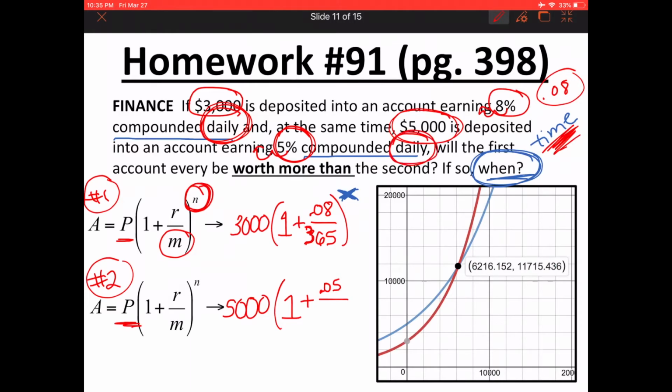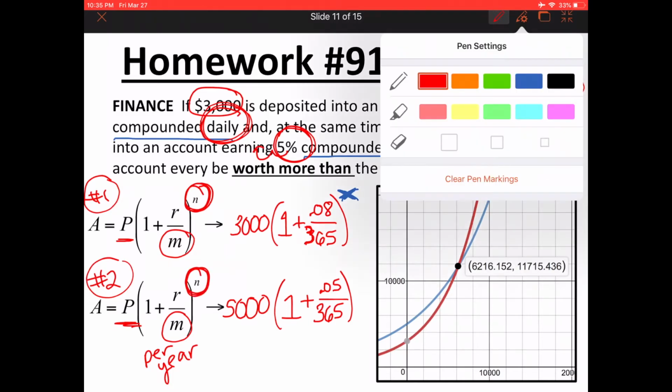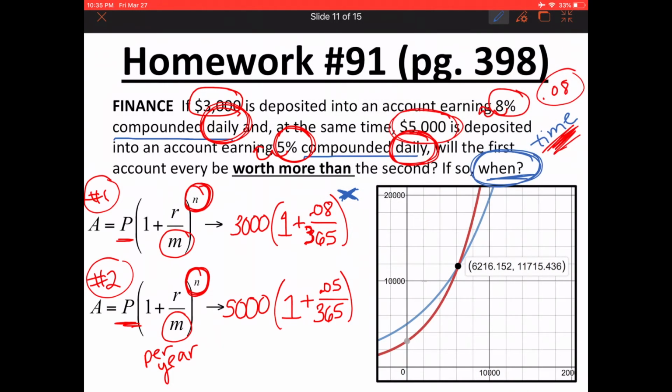This one is compounded daily. So for the letter M, that's how many times per year. If I am compounded daily, that is 365 times per year because there's 365 days in a year. Remember, the letter N is the total number of compounds, but we don't know how much time has passed, so I'm going to put the letter X there.